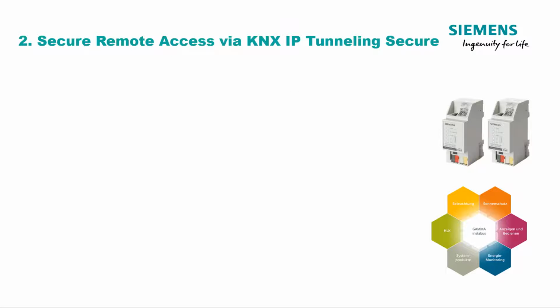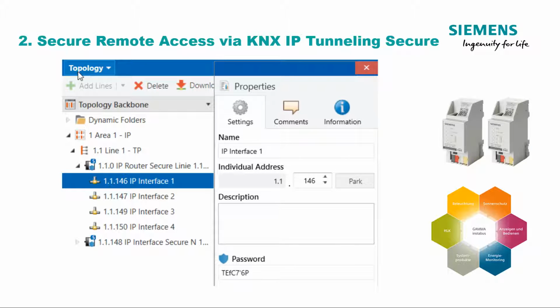Secure remote access via KNX IP Tunneling Secure. The IP Router Secure N14603 and the IP Interface Secure N14823 have 4 parallel secured tunnel connections.